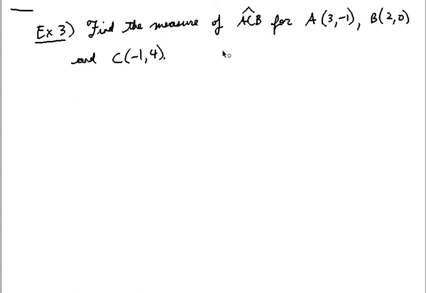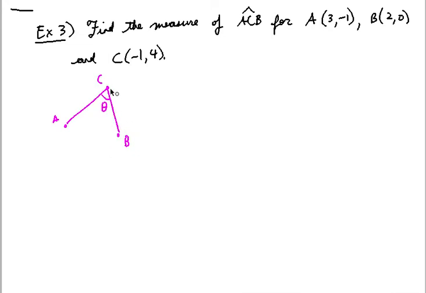So if I'm going to use vector methods here, let's think about what this would look like, okay? If I randomly draw these points, A is here, C is here, and B is here, okay? And I'm looking for ACB, right? So I'm looking for this angle right here. I need this angle.